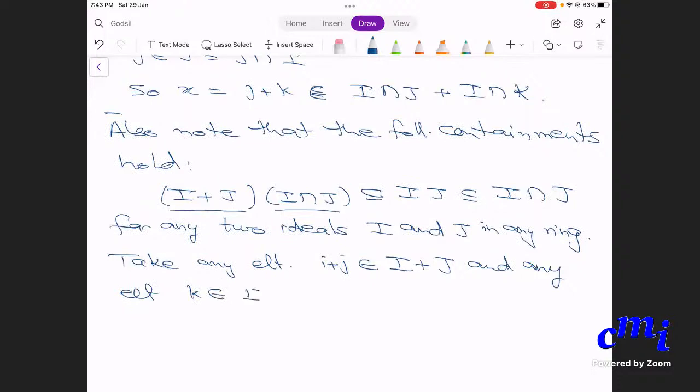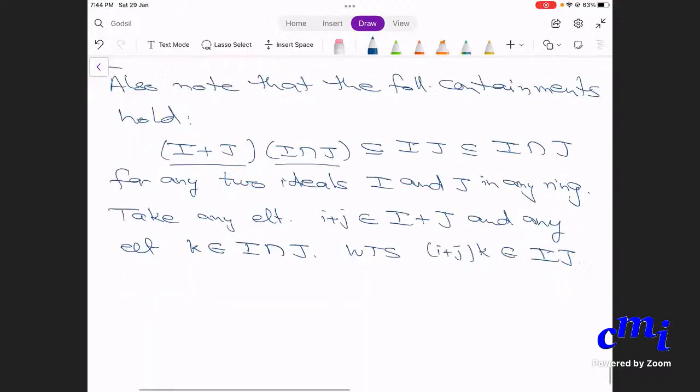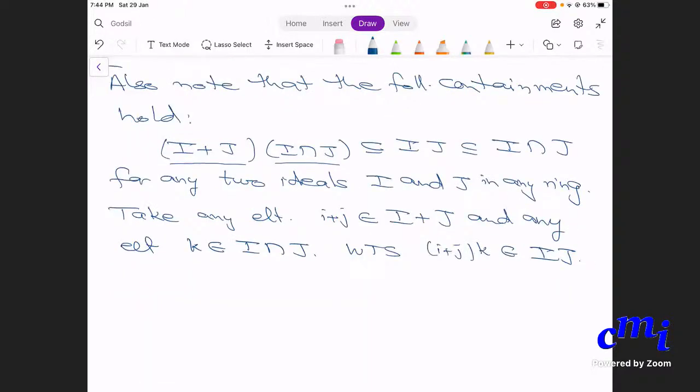So we want to show that (i + j) times k belongs to IJ. But what is IJ? IJ is generated by all the products of elements of I and elements of J. That's how we define IJ. (i + j) times k equals ik + jk.